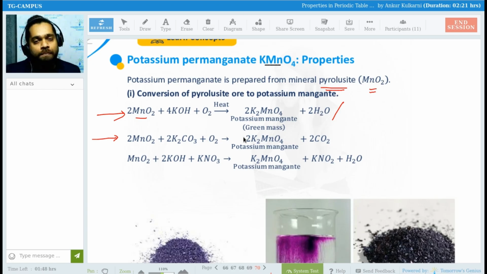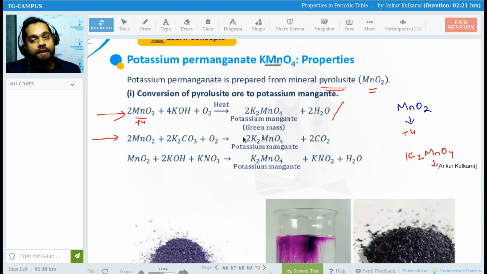Let us go ahead now. From MnO₂, what is the oxidation state of Mn in MnO₂? Come on everyone, quickly in the chat box. Very good, Sindhuja. You are late, by the way, today. I have noticed. So it is +4. From +4, it is going to K₂MnO₄.